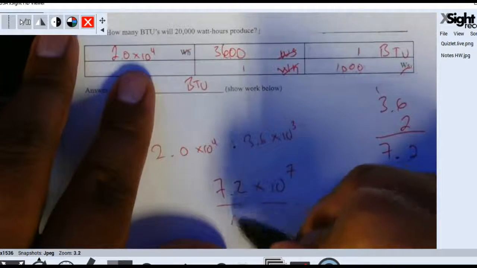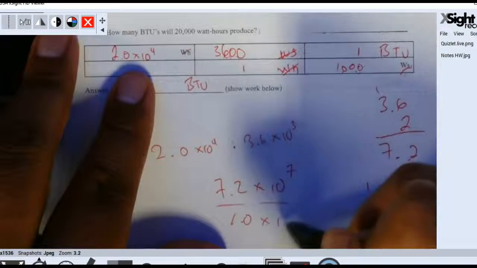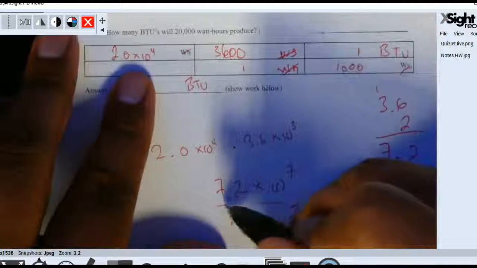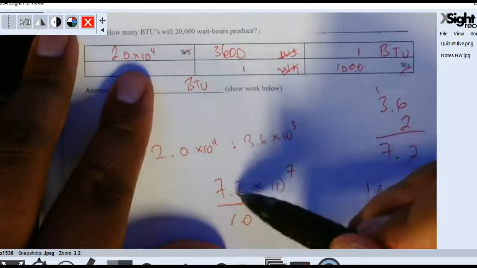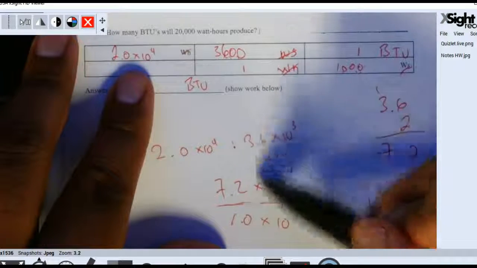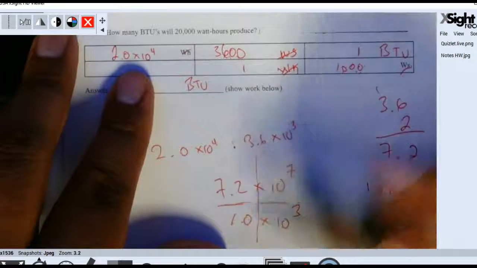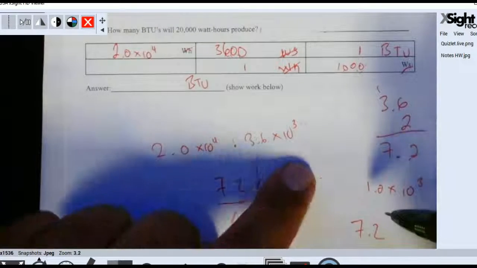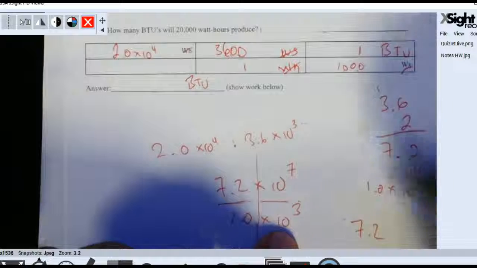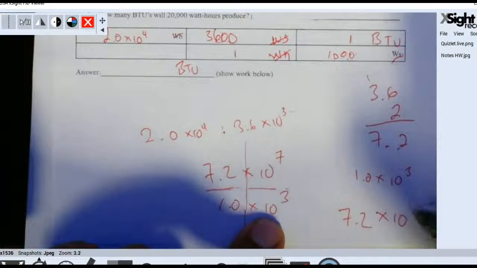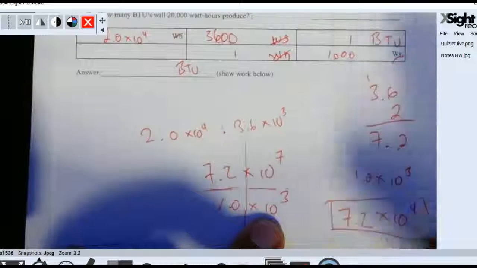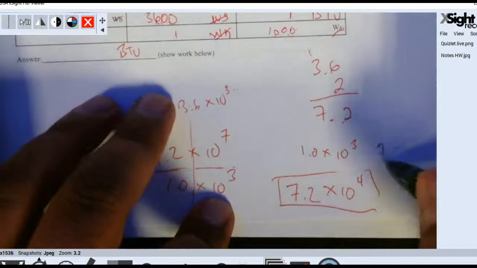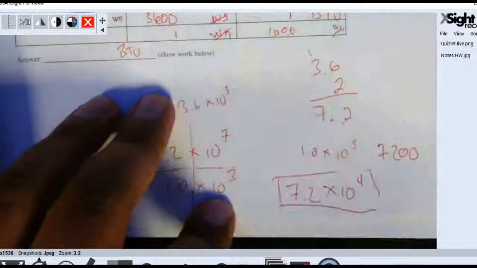So it looks like this, 1.0 times 10 to the 3rd, because it's divided by. So what's 7.2 divided by 1? Because these are done kind of separately. So 7.2 divided by 1? Well, it's 7.2. Now this is a subtraction problem. What's 7 minus 3? Well, that's times 10 to the 4th. There it is. Or this will be 7,200 if I wrote it out.